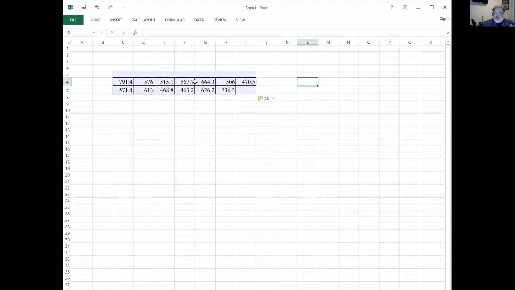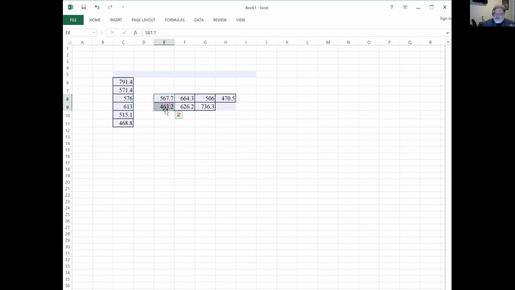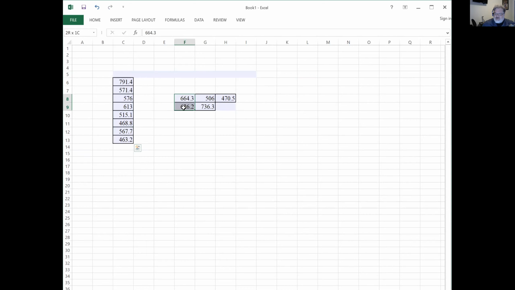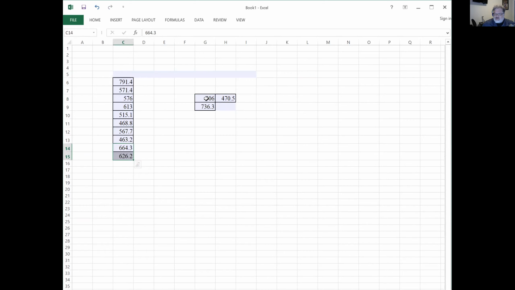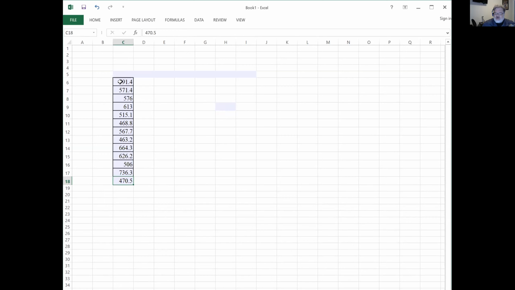It's not in a nice format in a lot of ways because it's not in a straight up and down column, but it's easier to move these into a column from here than it is to type them in, I think. With a little moving them around, you've got them in a nice column. Then you can go to data, sort down, and they're sorted.